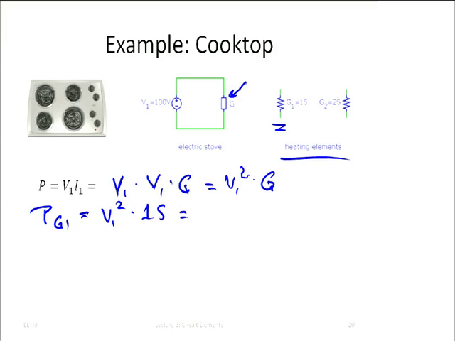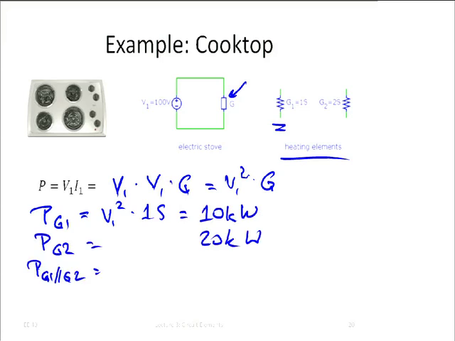Is that all we can do? Okay, we could do it in parallel. So then we have P of G1 in parallel with G2 equal to V1 squared times (G1 plus G2), right? And that's equal to 30 kilowatts. And then what's the fourth combination, in series?